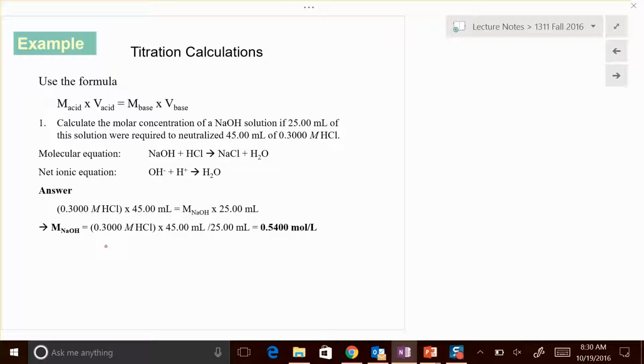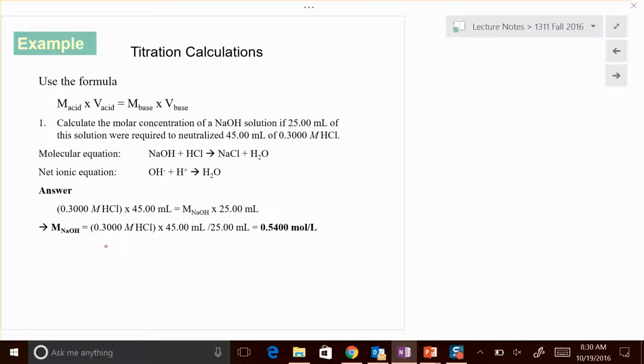It's possible you could get some questions like what is the volume of base that you would need, or what is the volume of the acid you would need to neutralize this amount. But if you're doing a titration, the idea is you're trying to find the molarity: the molarity and volume of the acid or base divided by the acid or base.